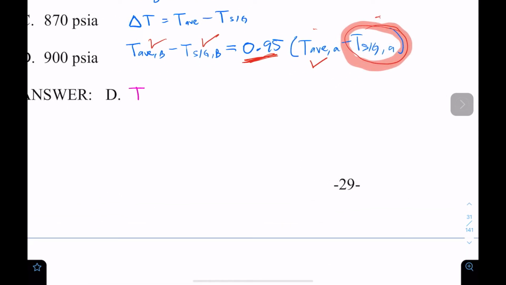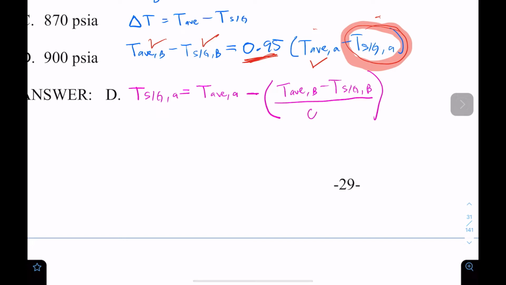My temperature of the steam generator after is going to be equal to my temperature average after, minus temperature average before minus temperature steam generator before, which are my original values, over the 0.95, because this one I just need to bring down. Put it in here.